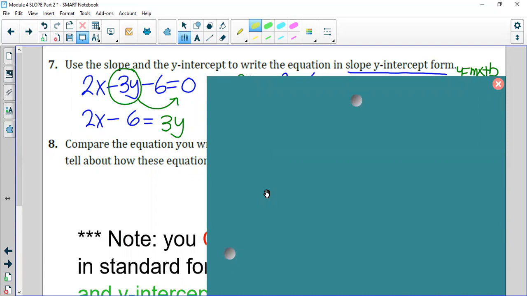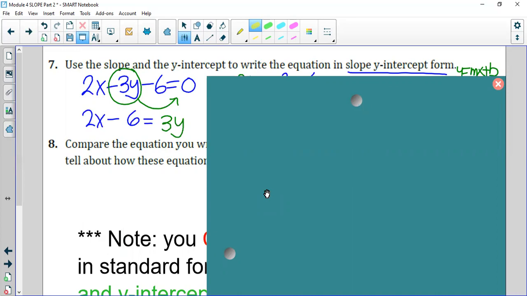I want to change it to slope-intercept form. I'm just going to write on the board so everyone understands that. Slope-intercept form, when I say those words, I'm always referring to y is equal to mx plus b, where m is the slope, b is the y-intercept.